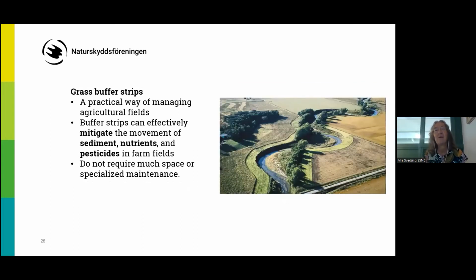So in agriculture, it's common with grass buffer strips. It's a very practical way of managing agricultural fields, and buffer strips along rivers and watercourses can effectively mitigate the movement of sediments and nutrients, and also of pesticides, from farm fields. So that's a really good thing to use, grass buffer strips along watercourses in agricultural land.